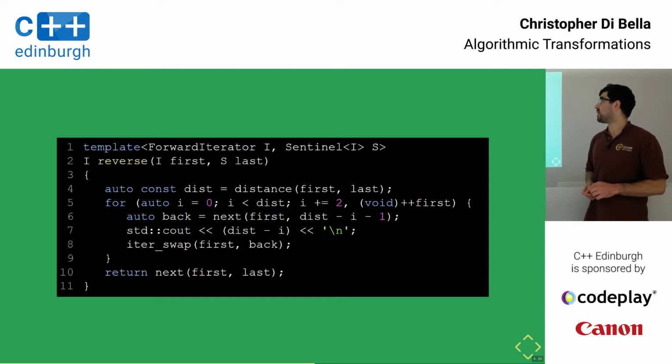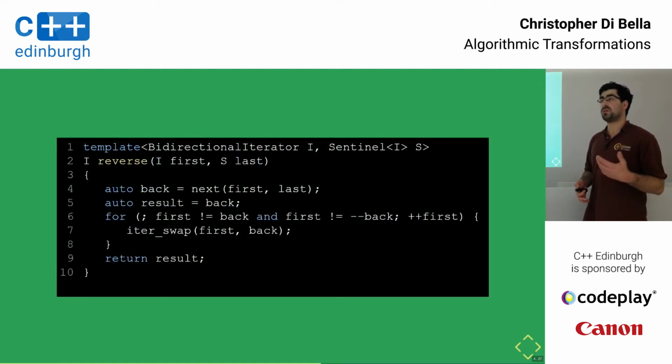And that's because we are not allowed to look backwards. We can only move in one direction. If, however, we make a new rule and say that we're allowed to move both forwards and backwards, using what's known as a bidirectional iterator, then we can change it from being an n-squared algorithm to being a linear algorithm. Are there any questions at this point?